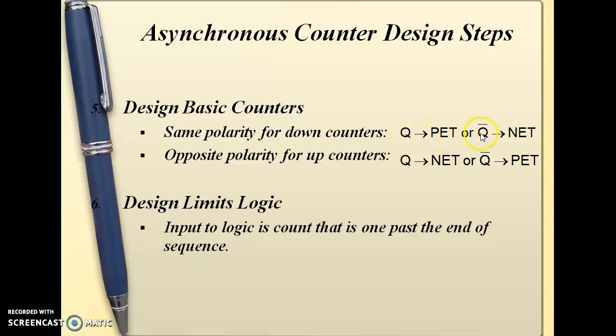In the case of negative edge triggered, we should connect the Q bar output to the clock input. In the case of an up counter, for negative edge triggered flip-flop, we should connect the Q output to the clock input of the next stage. In the case of positive edge triggered, we should select the Q bar output as the clock input for the next stage.